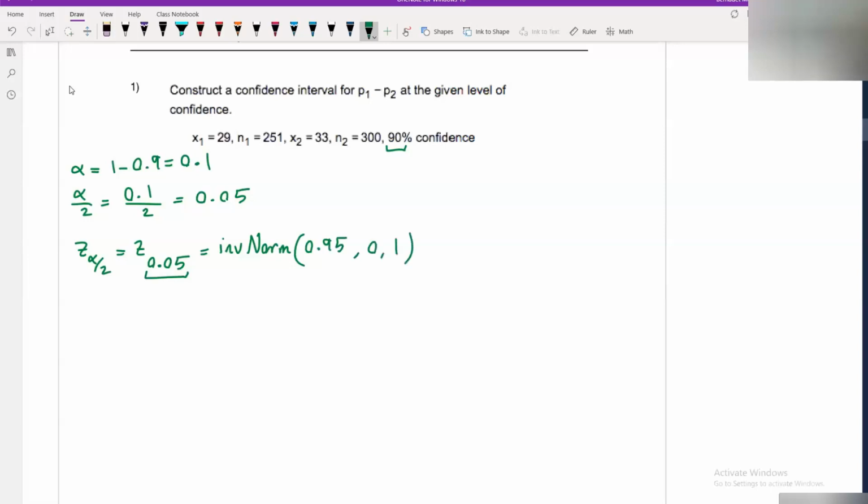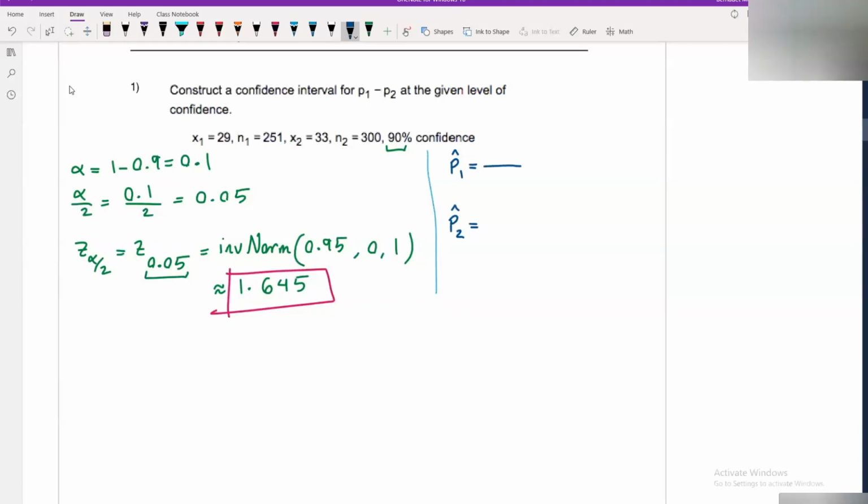0, 1. I'm going to write everything for this number to 3 decimal places. So that is our Z. After this, because of having 2 n's and 2 x's, you know that we have to find p hat, 1 and 2.